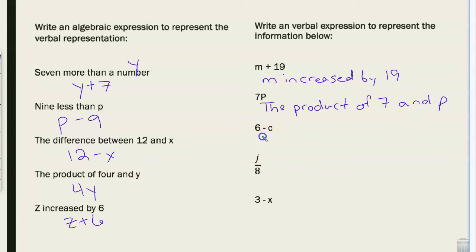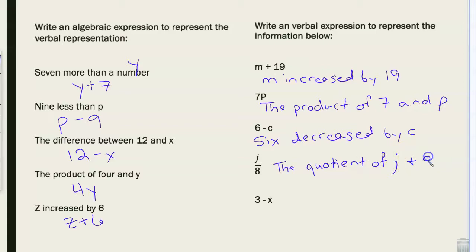How about for here we would do 6 decreased by c. This would be, what are my words for division? You could use quotient, divided by, shared equally. I'm going to say the quotient of j and 8. You can say j divided by 8.